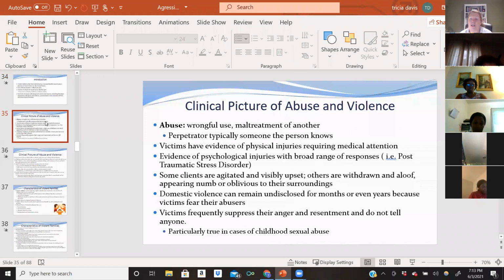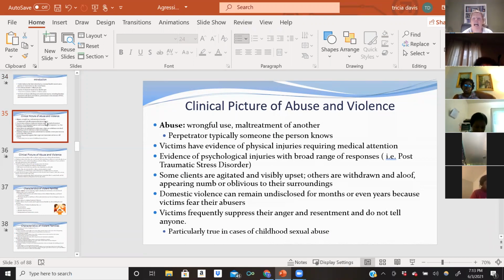So, the clinical picture of abuse and violence. Abuse is defined as wrongful use, maltreatment of another person. Perpetrators of abuse are typically someone that the person knows more often than not. Some victims of abuse will have evidence of physical injuries that require medical attention.